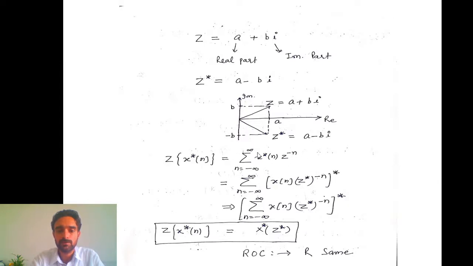So we can write this term as x of n, z conjugate power minus n, the whole conjugate of this term. Okay, so this is equal to x of n, z conjugate minus n. We can include this summation also, and the conjugate is there. So finally the z transform of x conjugate of n is equal to capital X conjugate of z conjugate. Okay, and ROC is the same. So it's another very important property, the conjugate property.